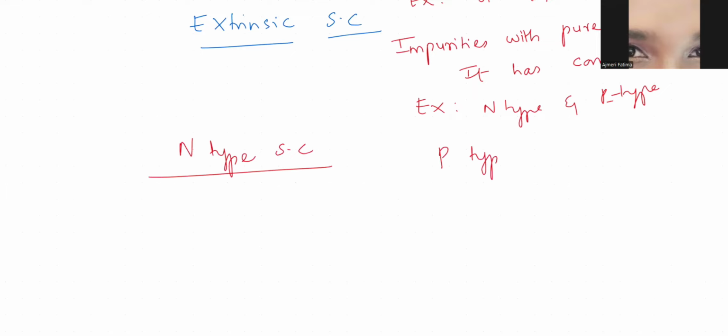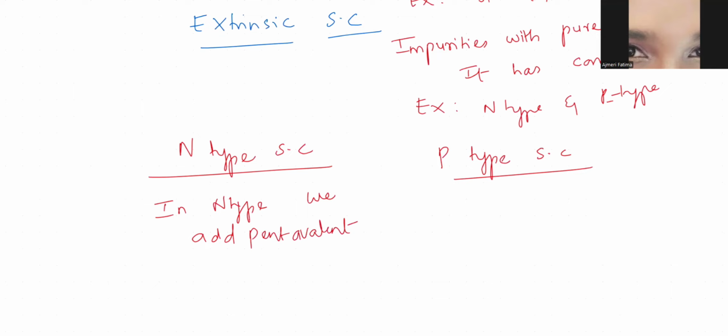In N type, we add pentavalent impurities, which means 5 valence electrons. In P type, we add trivalent impurity.